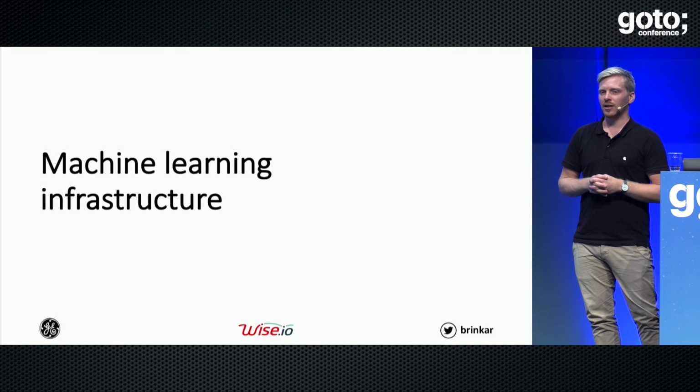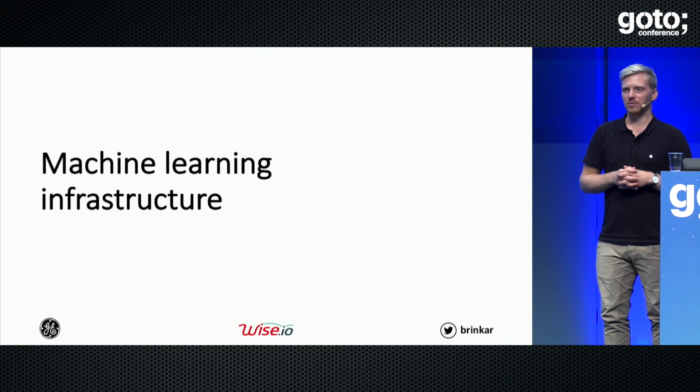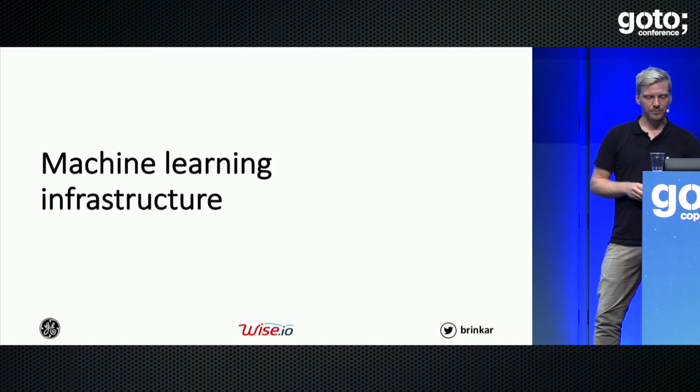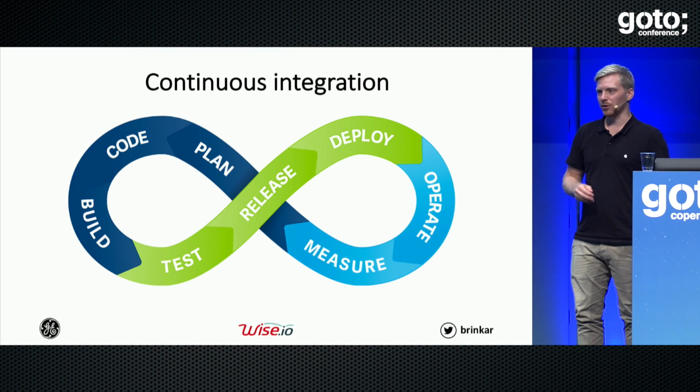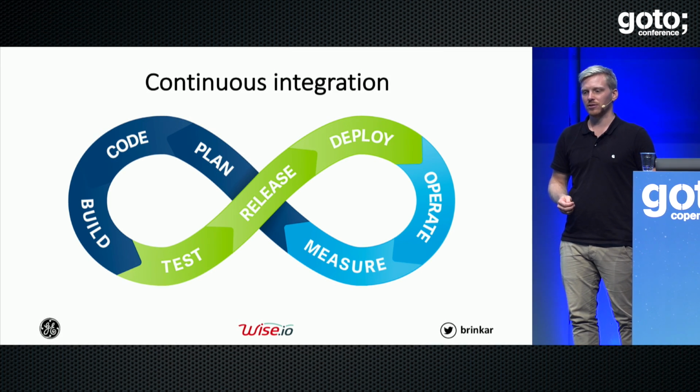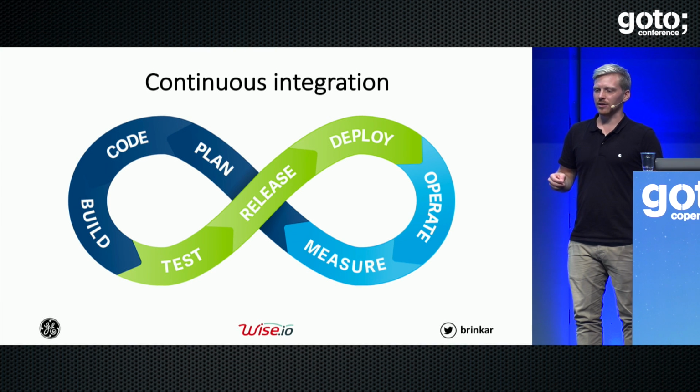It just means, again, that we should learn from decades of experience in building software. And so one thing that we all know is this notion of continuous integration and this whole fancy loop of steps that you should go through and continue on. And I would say it's not really that complicated.